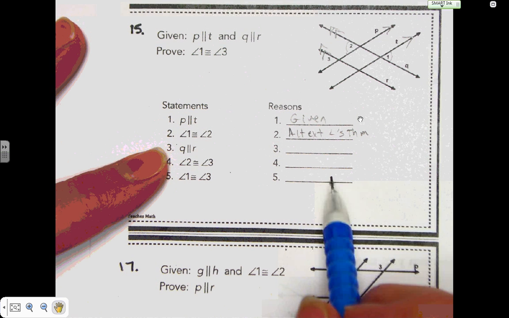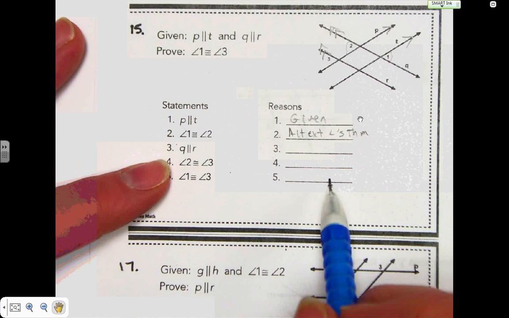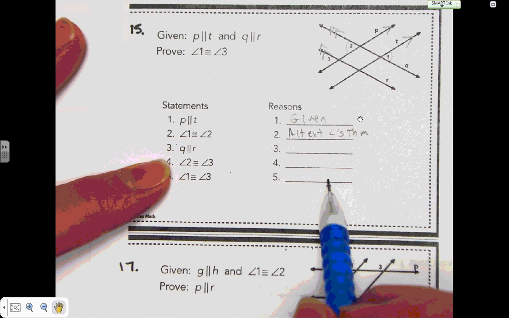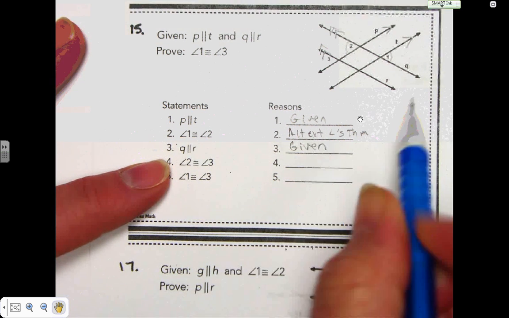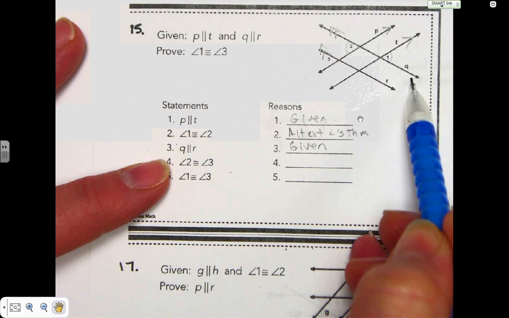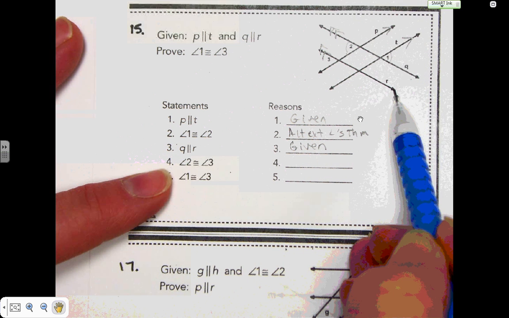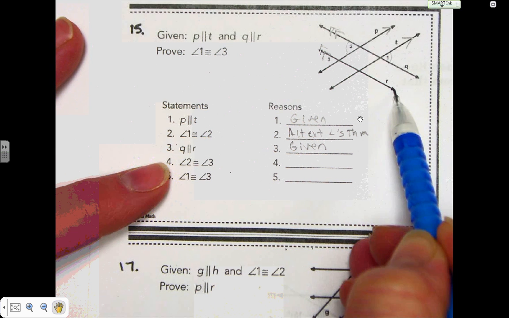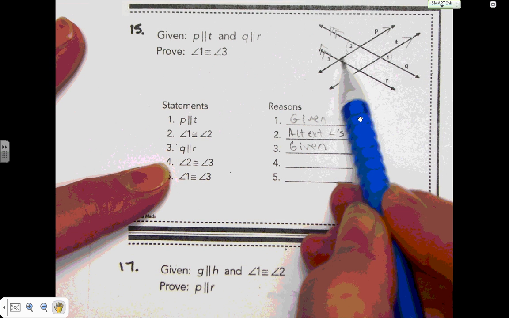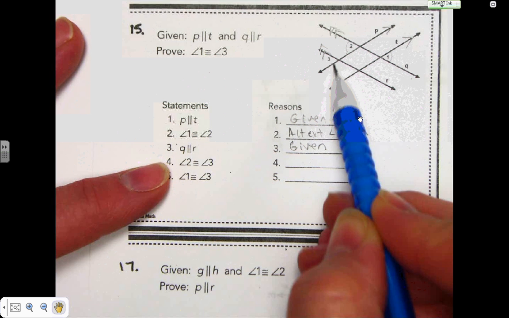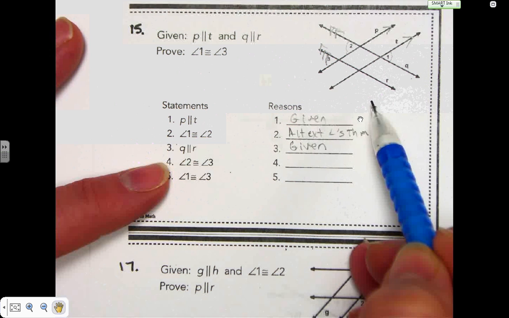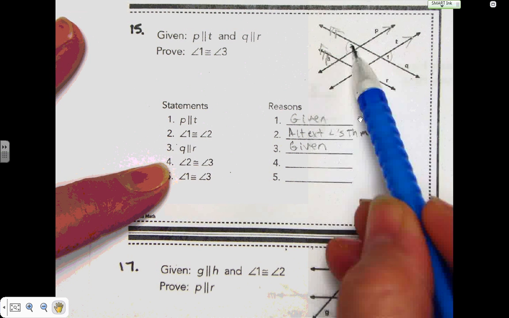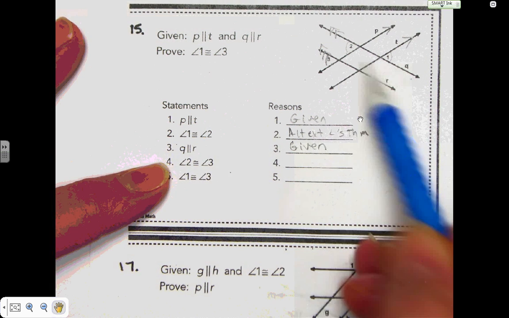All right. Then my third step says Q is parallel to R. What would that be? Given, right? And then from that, these two are parallel. They say that 2 and 3 are congruent. So 2 and 3 are congruent. Not consecutive angles. What would these be? Corresponding angles postulate.